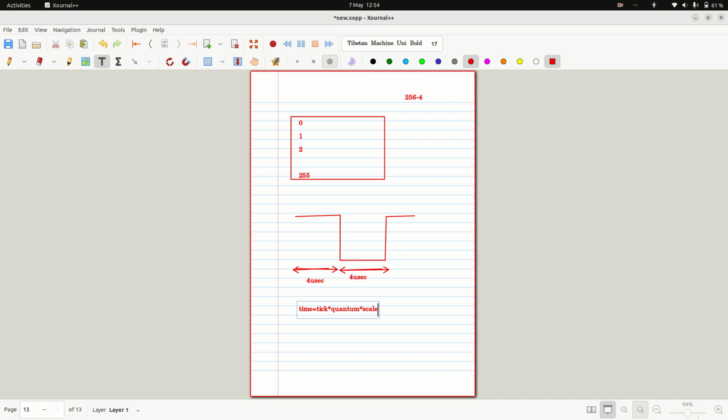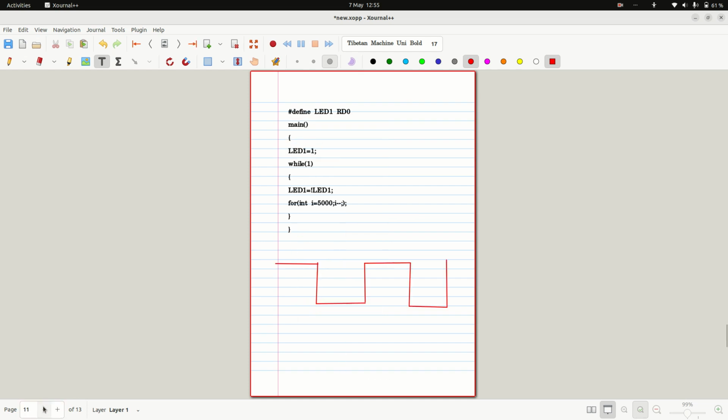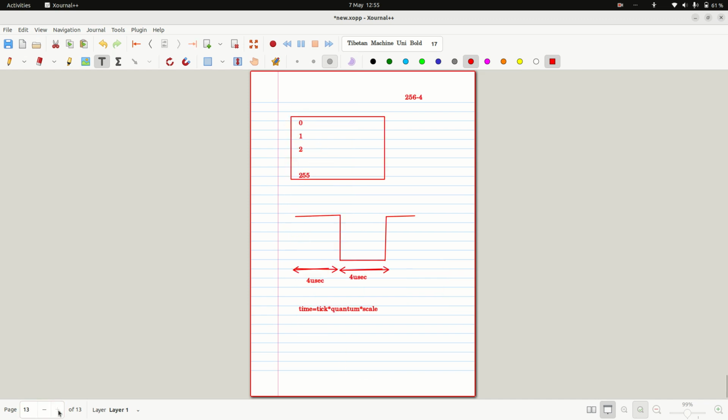Okay, let's write the code now to toggle the LED. Here we have the code, isn't it? I'm just copying the code and rewriting again.